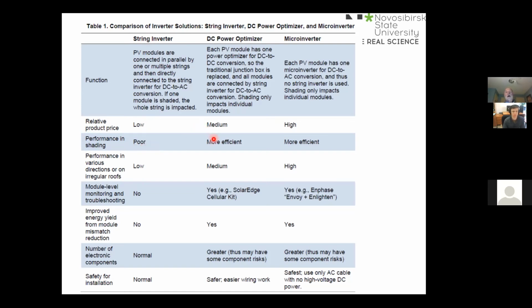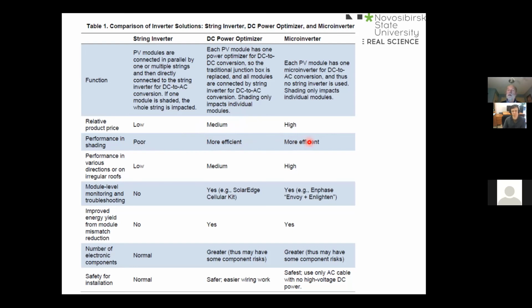If we use a DC power optimizer, in other words, we don't invert the electricity produced by every module, but have a DC optimizer that does the maximum power point tracking, that is more efficient. And even more efficient still is a microinverter.